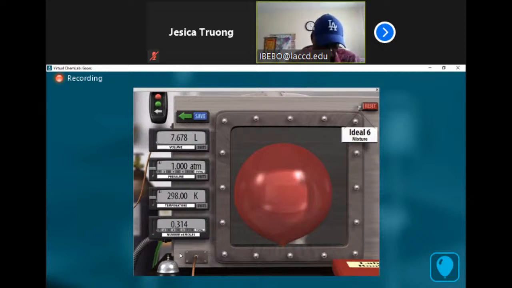Table 4 means just adding up the partial pressure of each of those 3 gases. It should give you 1.00. And in the moles, if you add it up, it should give you 0.314. That's what that is telling you to do.